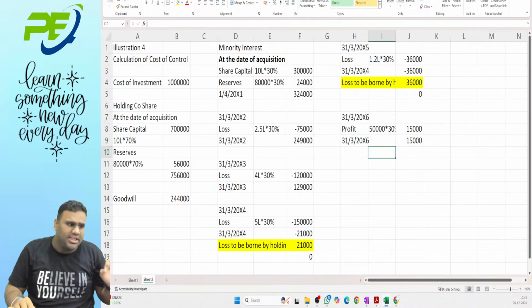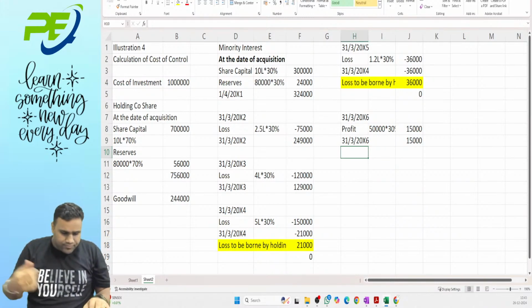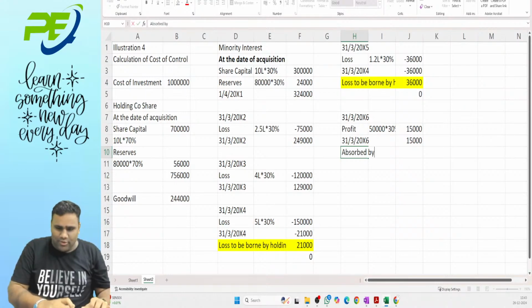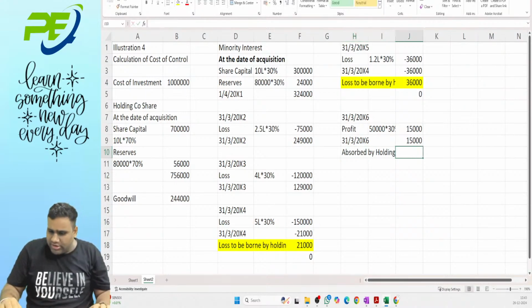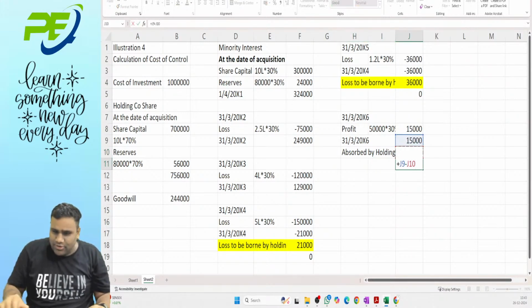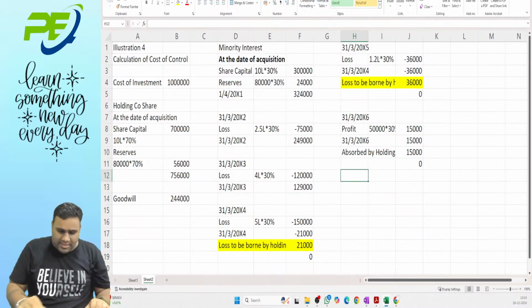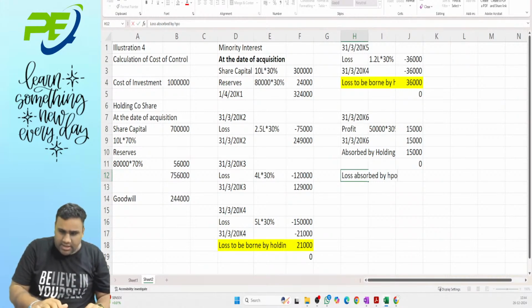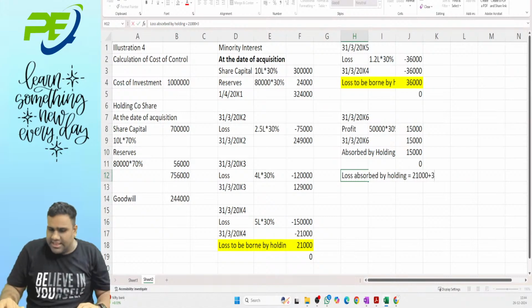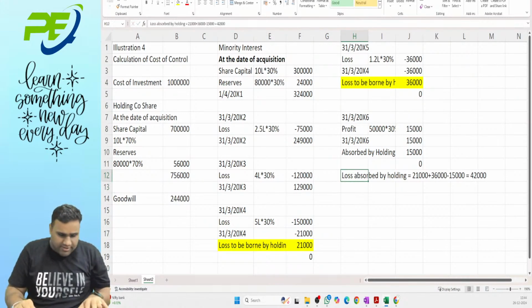So 15,000 is absorbed by the holding company, and that share will become 0 again. But the loss absorbed by holding: earlier it was 21,000, then 36,000 minus 15,000.